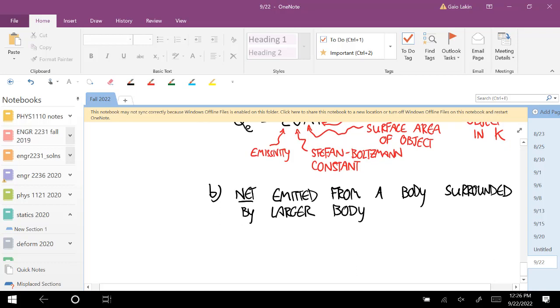And that equation is Q_E dot is equal to, again, emissivity, epsilon, times the Stefan-Boltzmann constant, sigma, times A, and then times the quantity, temperature of the body to the fourth, minus the temperature of the surroundings to the fourth.